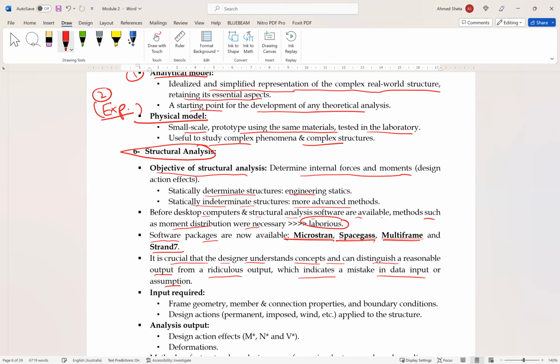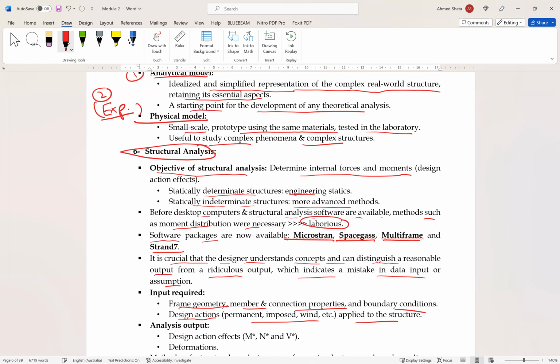Some required inputs: frame geometry and members, connection properties and boundary conditions, design actions, permanent load, and wind load applied to the structure, like the dead load, like what is the material of the roof or the floor.